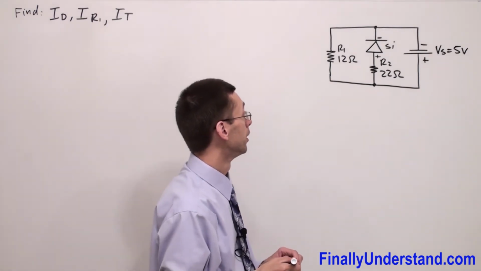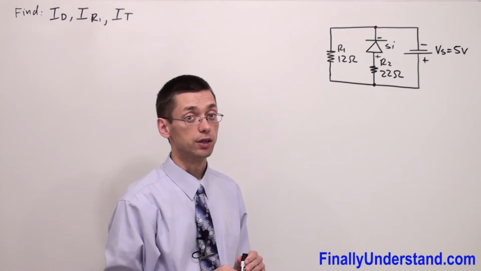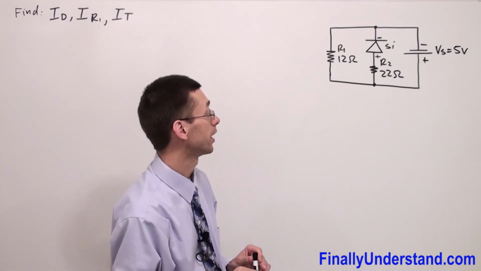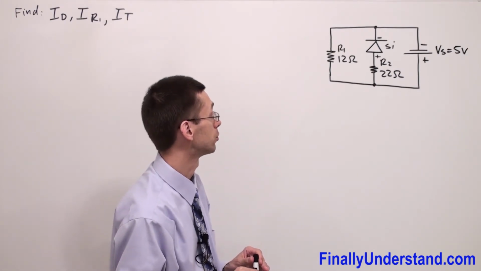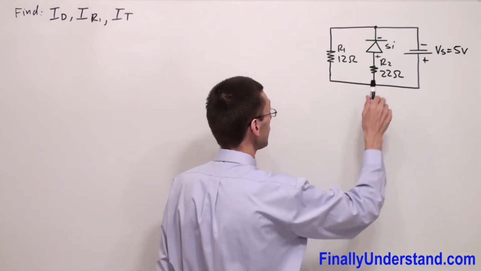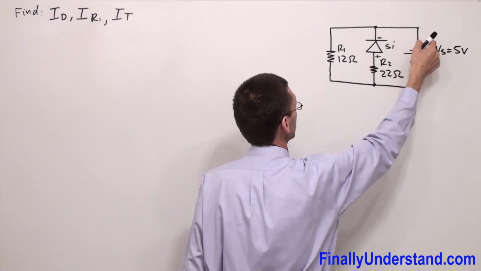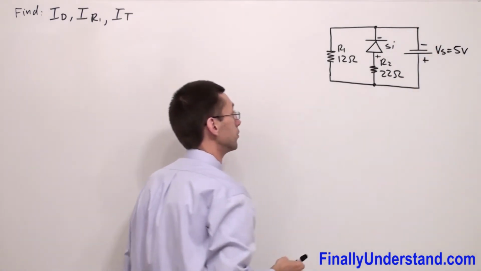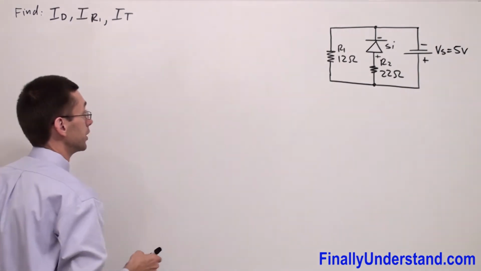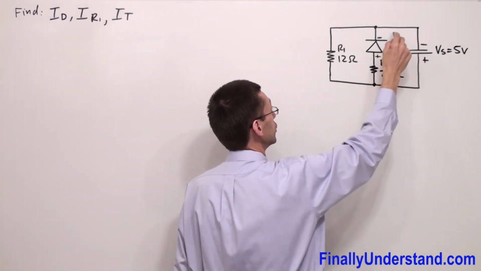Okay, so we're going to write the equations first. We're going to use KVL, Kirchhoff's voltage law, to write the equations. I'm going to start from this point. My favorite point is always starting from the negative terminal of the voltage source, and I'm going to first find the equation for this loop.